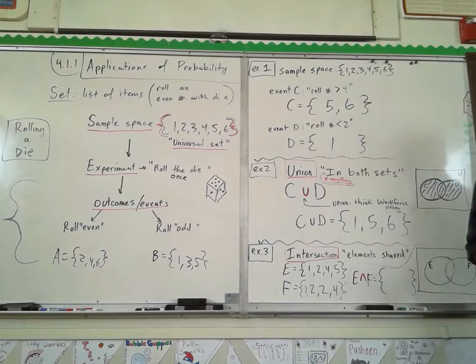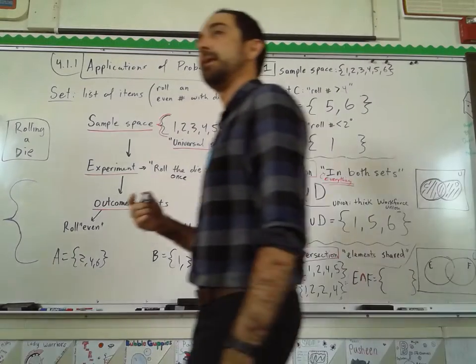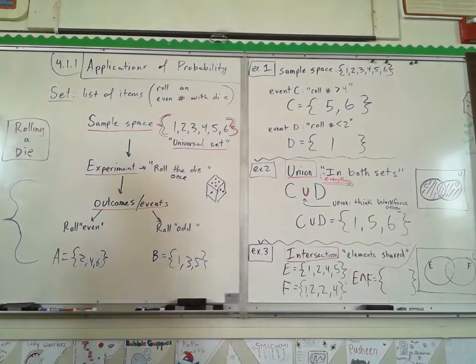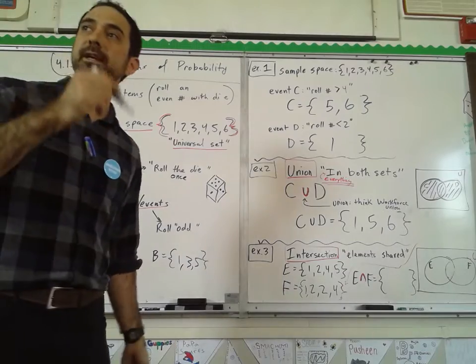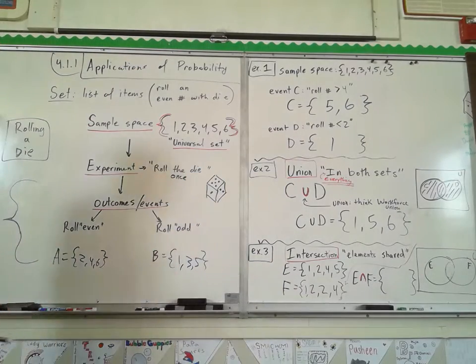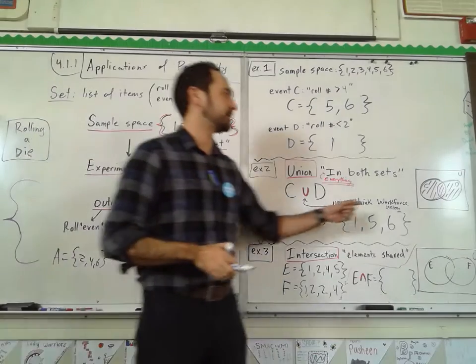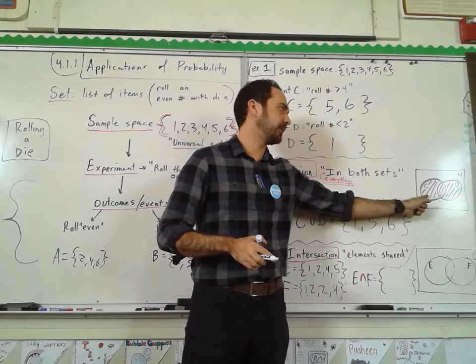Least to greatest, ascending order. You're always going to put it in ascending order, mostly because it makes it easier to find the different elements quickly. If you have to search through and there's one kind of hidden, it's not going to be helpful. All right, so union is everything in both sets. Venn diagram is everything in both of the circles, all the elements.